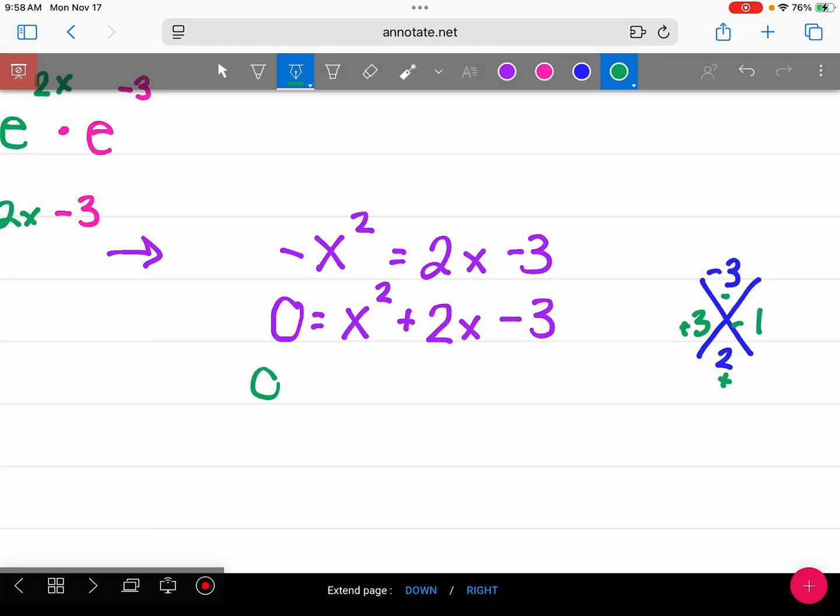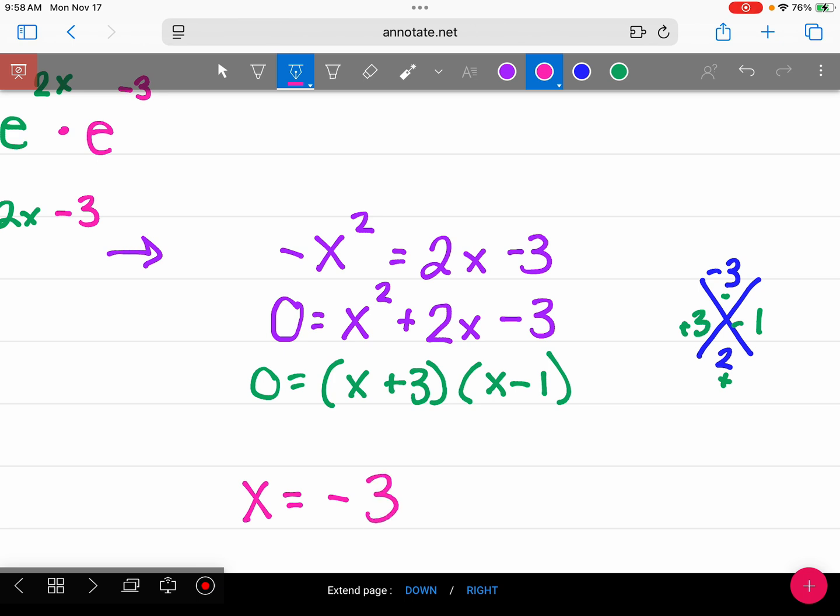So our factored form is our x with that +3, x with that -1. So what are our roots or our solutions? -3, +1.